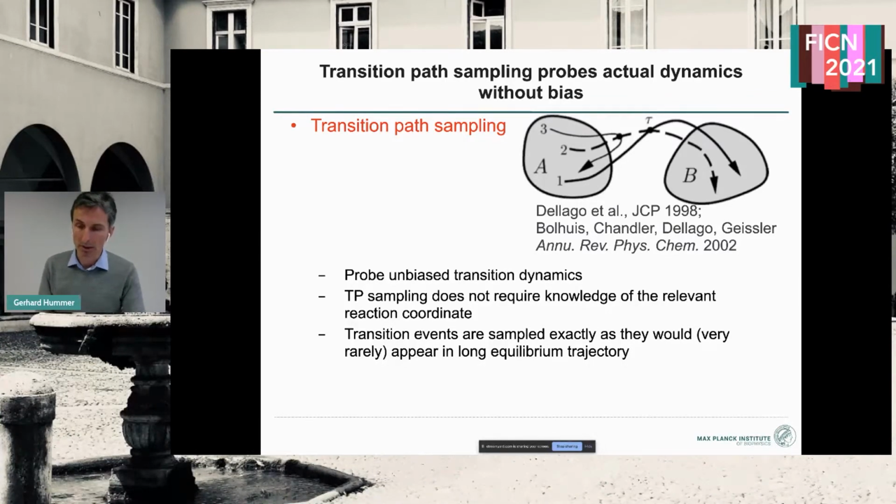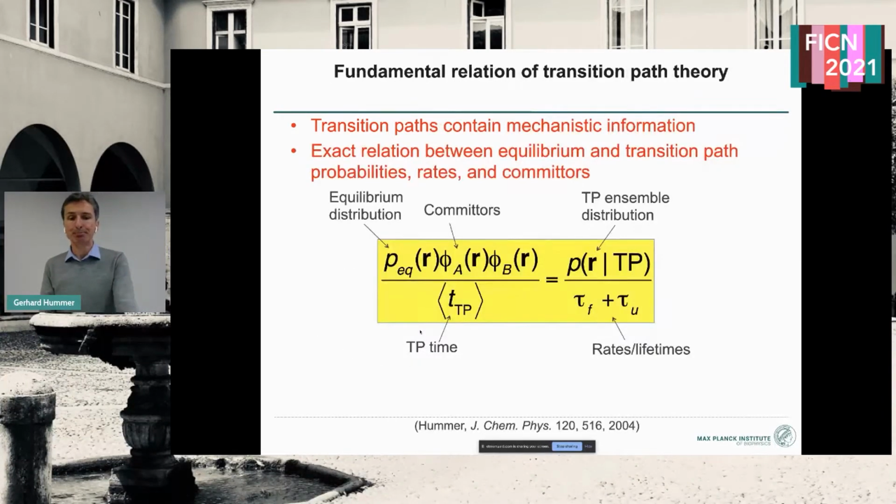So this is a very powerful, very promising technique, but of course, as with every technique, it also has its downsides, and that, as I indicated, is finding states where if you propagate them forward in time, you can actually see transition events. So to give you a bit of the theoretical background on this transition path sampling, there's transition path theory.